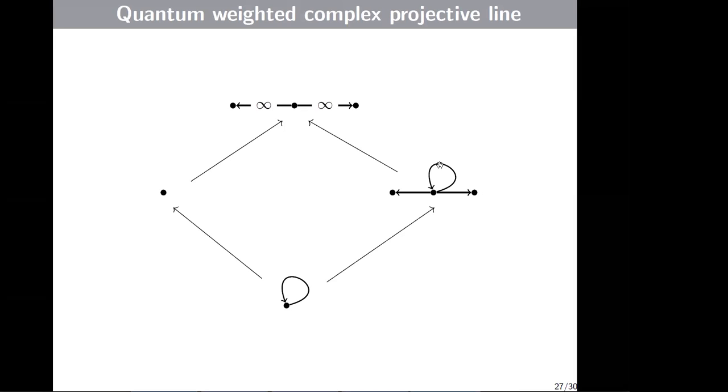And now remember, when you shrink the equator of a sphere to a point, what do you get? Two kissing spheres. And this is the same as what happens here. I shrink this loop to a point, and the price I have to pay is that now I have countably infinitely many edges going to the left, and countably infinitely many edges going to the right. And the picture is that I have two Podleś quantum spheres, standard quantum spheres, they have just one classical point, and I glue them over that one classical point.